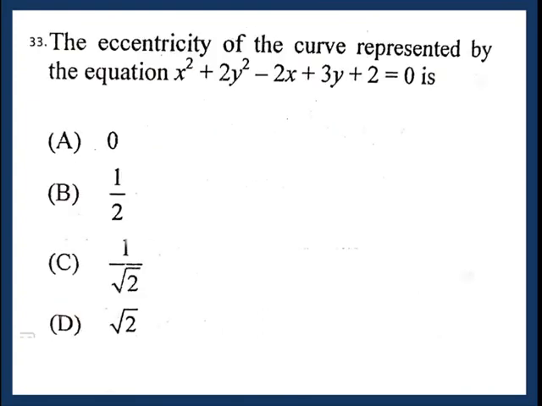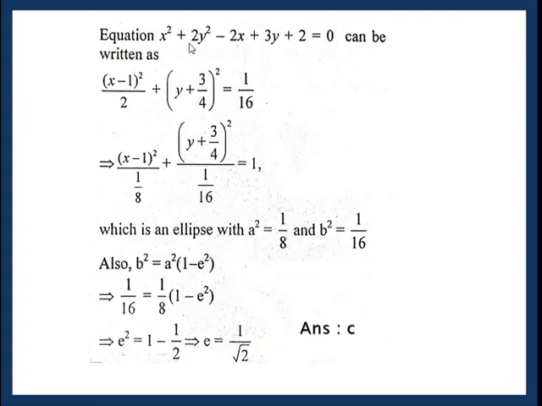The eccentricity of the curve represented by the equation. Now you will notice that this is an ellipse. x square minus 2x, consider this as square of x minus 1, provided you subtract 1 and so on. I haven't mentioned those steps, you can write the solution.